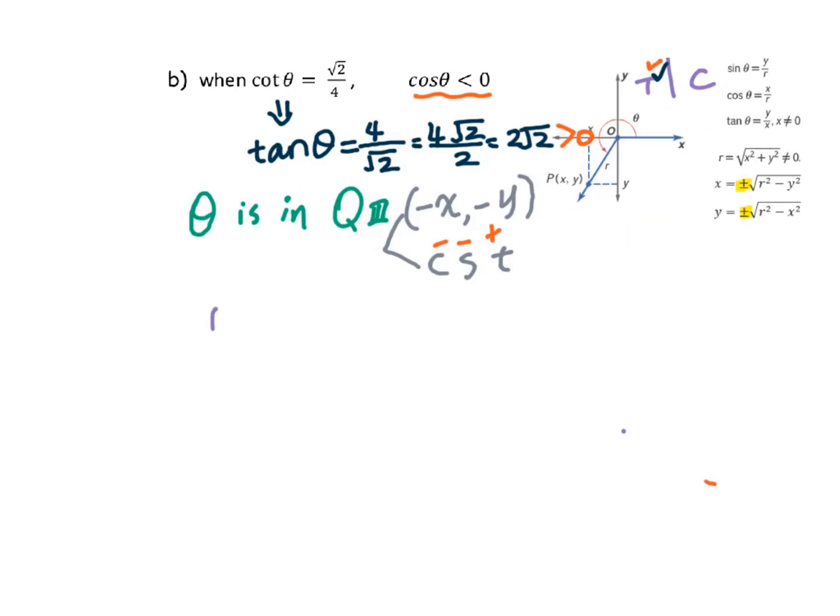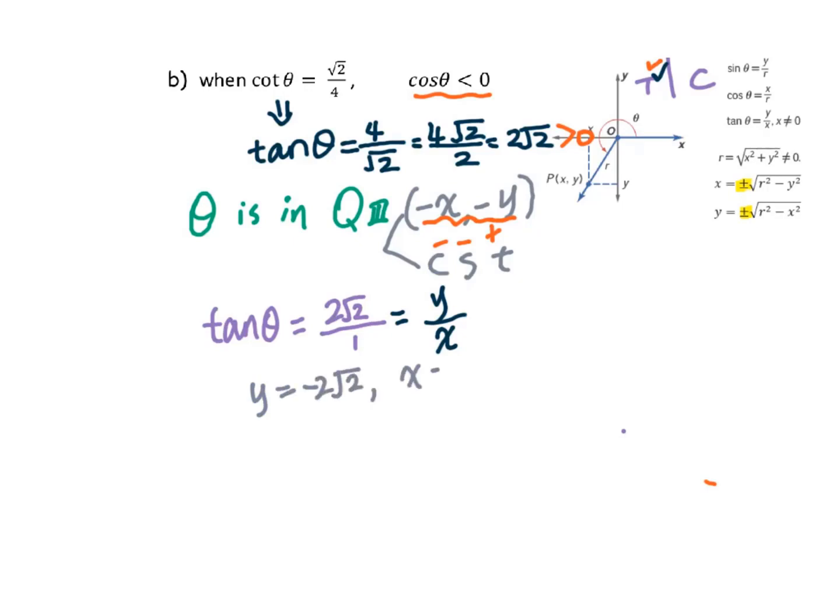So, for tangent theta equals 2 square root of 2 over 1, which means y over x. Since x and y are negative, I will get y equals negative 2 square root of 2 and x equals negative 1.